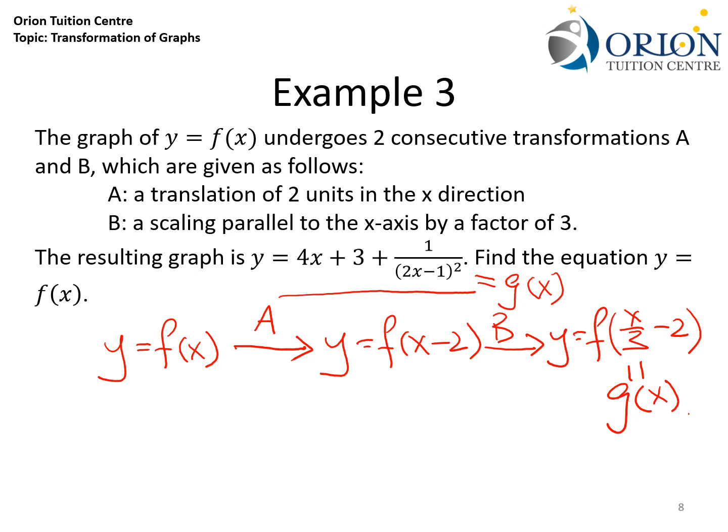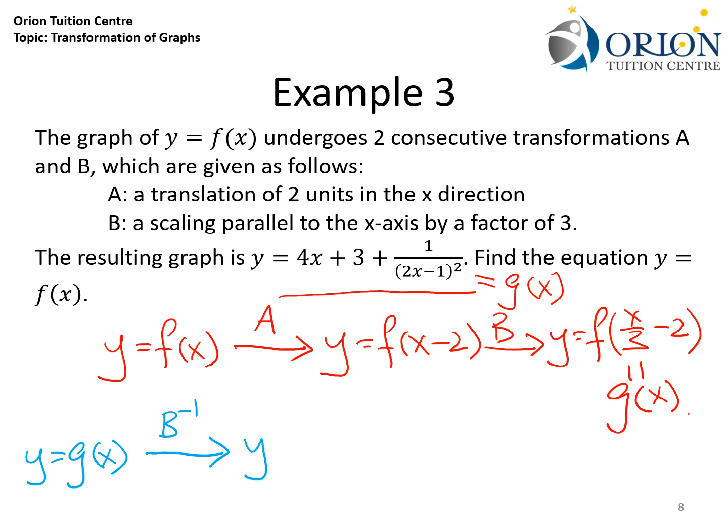Now, if I think of it in the other order, if I were to start from y equals g(x), I will have to first undergo the reverse process of transformation B. So since transformation B is a scaling parallel to the x-axis by a factor of 3, B inverse becomes a scaling parallel to the x-axis by a factor of 1/3.